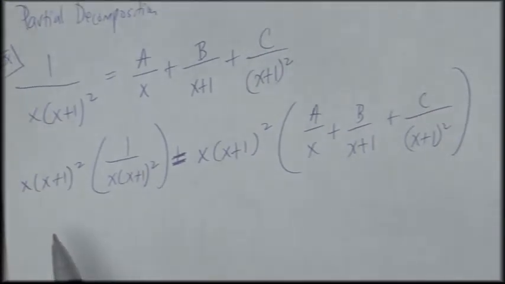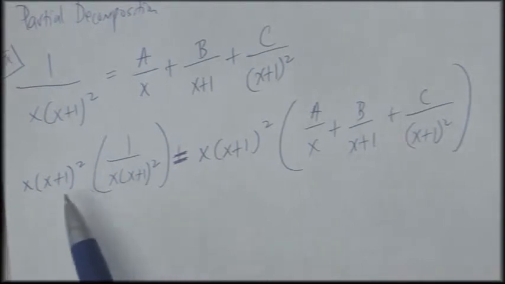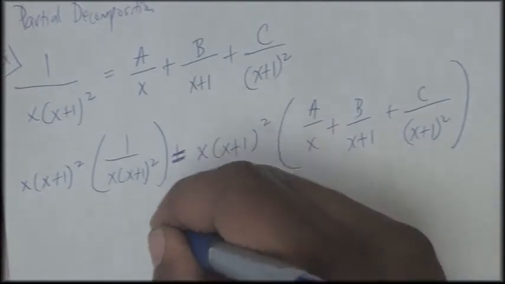When we multiply the least common denominator by our left hand side, notice that it cancels the denominator. We're left with 1.